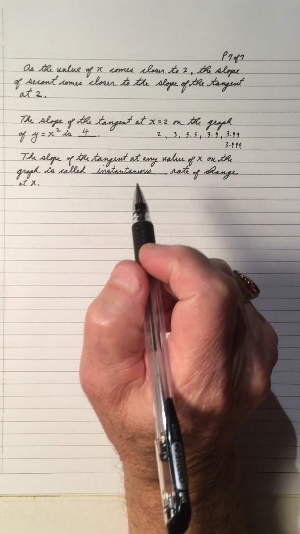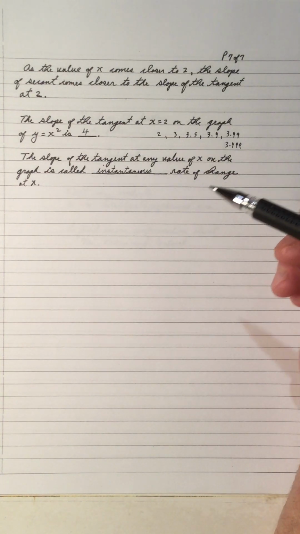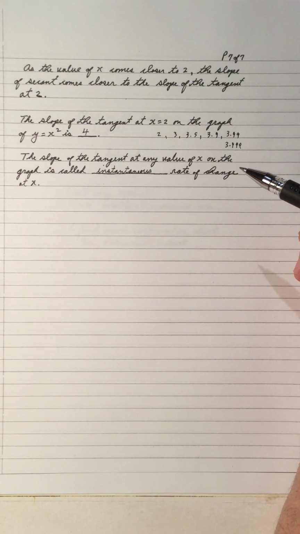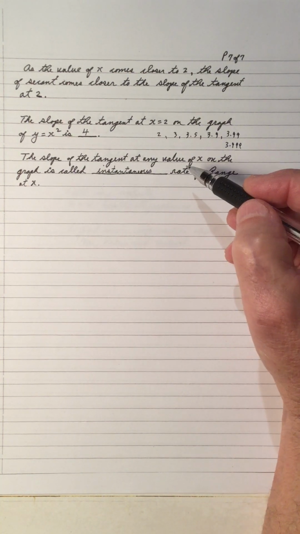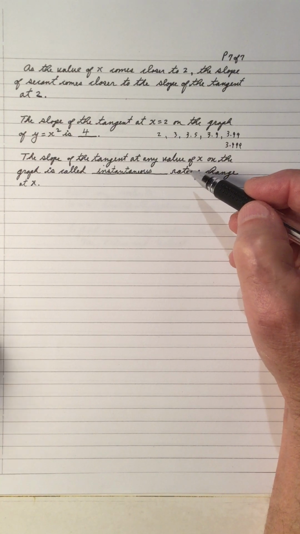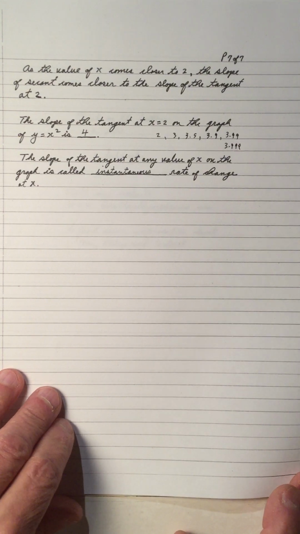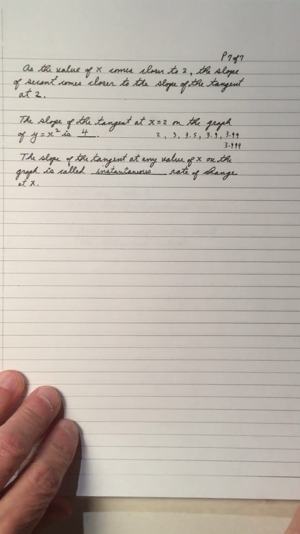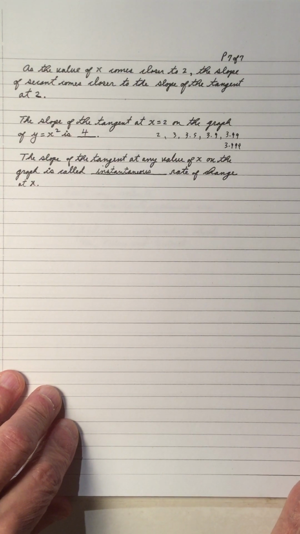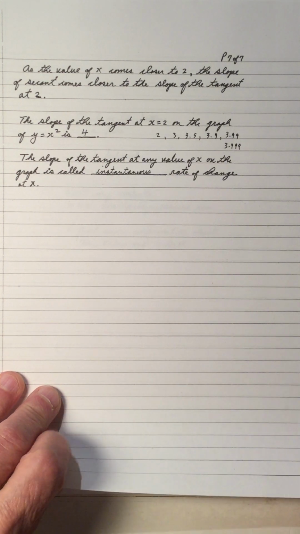So notice, again, the average rate of change is the slope of the secant between 2 points. But the instantaneous rate of change is the slope of the tangent at that point. We keep practicing and going over that over and over. Repeat, the average rate of change is between 2 points. Instantaneous rate of change is at 1 point, which is the slope of the tangent at that point.